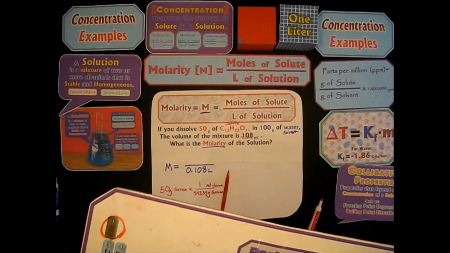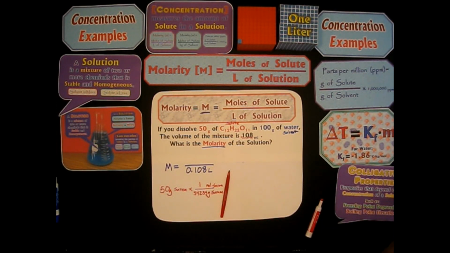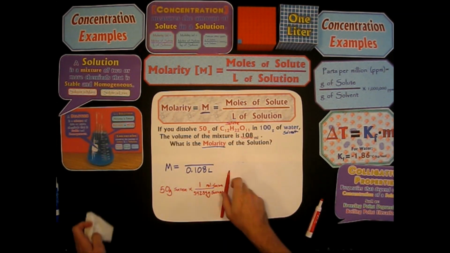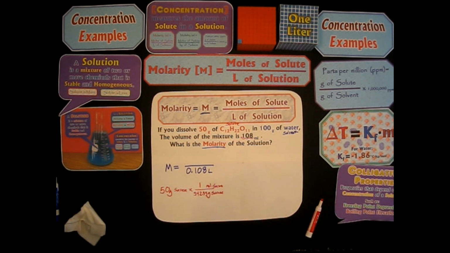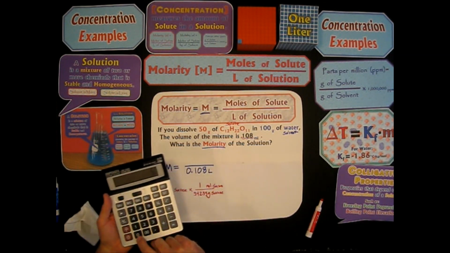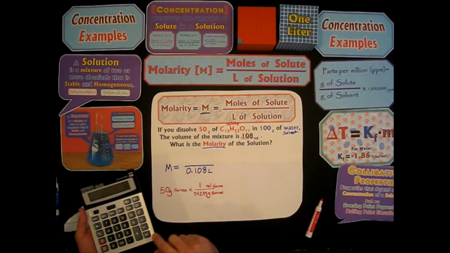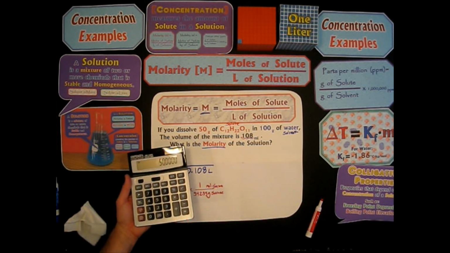So again, we're going to be using this a little more, I believe. So I'm going to wipe that all out. And then we can convert it into moles. So 50, which is what is given, grams of sucrose, times 1, still 50.